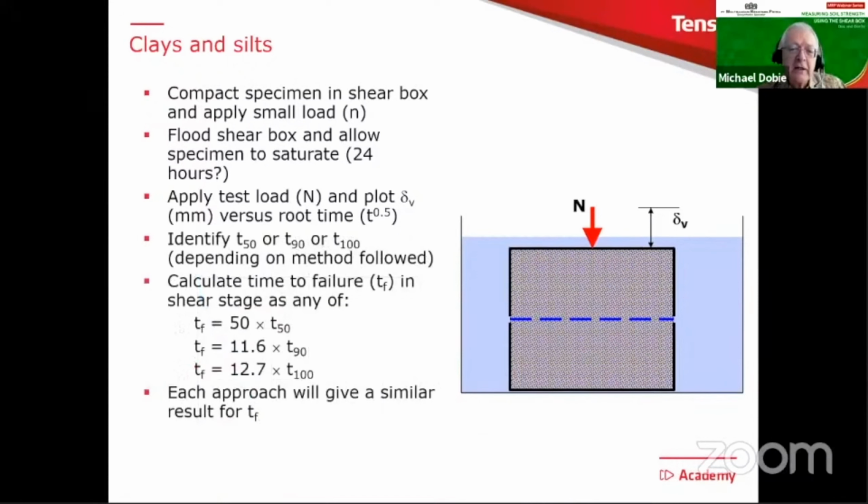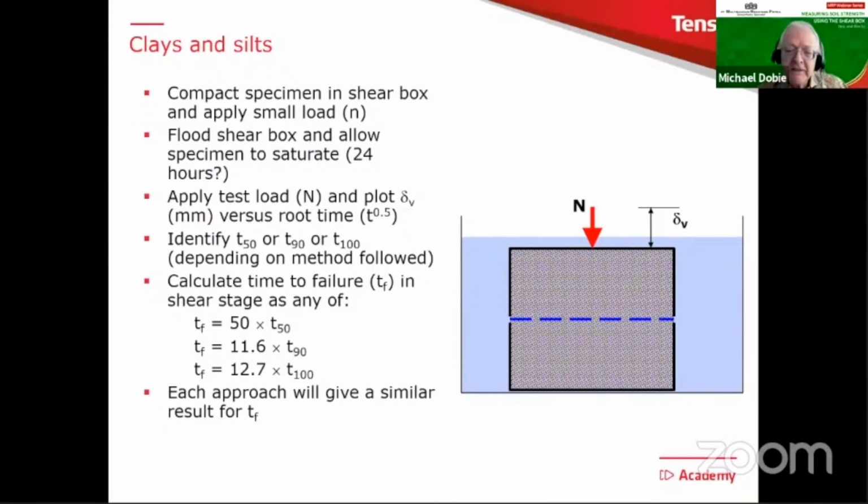So having identified either T50 or T90 or T100, we then calculate the required time to failure in the shear stage of the test, and we take it as either of 50 times T50, 11.6 times T90, or 12.7 times T100.